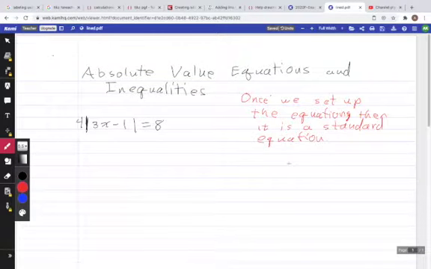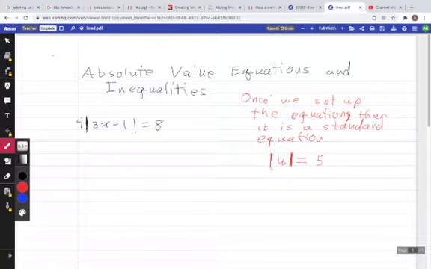Okay, so let's talk a little bit about that setup. First off, we want to get to where the absolute value itself, so the absolute value of something, don't quite know what, but we need that to be equal to a number. So we're just going to use 5 in this case. Now, why do we need this setup?